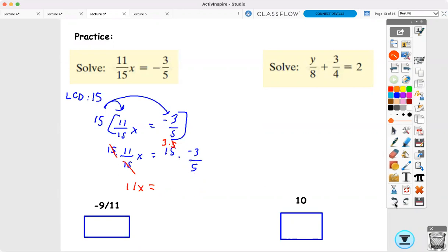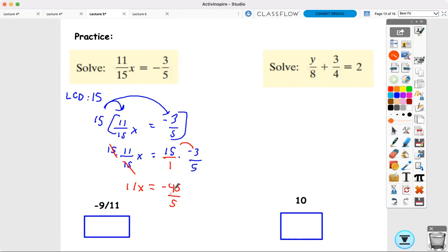But let's say you can't see the numbers and factors the way I can. You know how to make it into a fraction, right? 15 over 1. If you can't beat them, join them. Just multiply them: you make it a fraction over 1, and then multiply the top with the top. 15 times -3 is -45. 1 times 5 is 5.